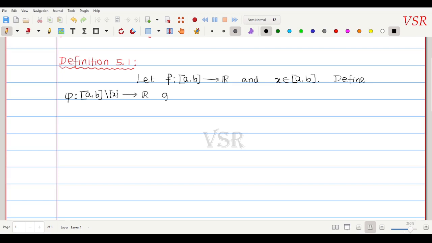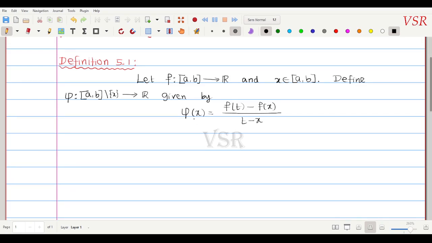Given by phi of t, which is equal to f of t minus f of x divided by t minus x.